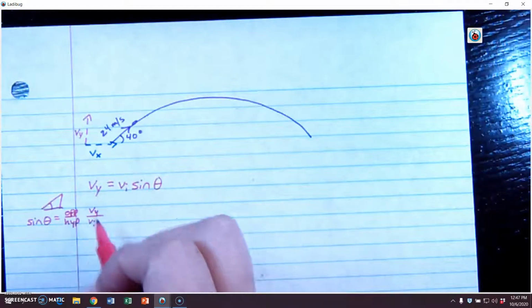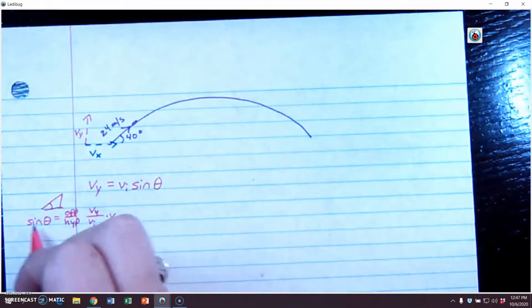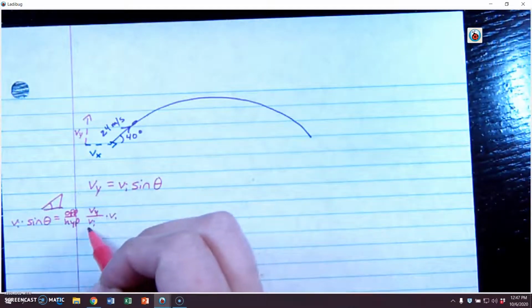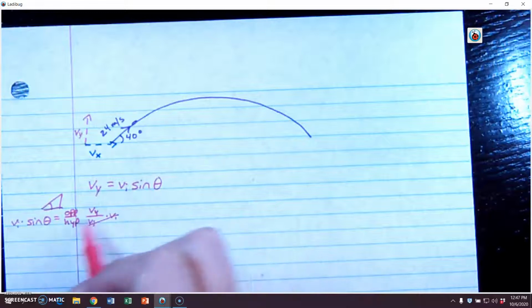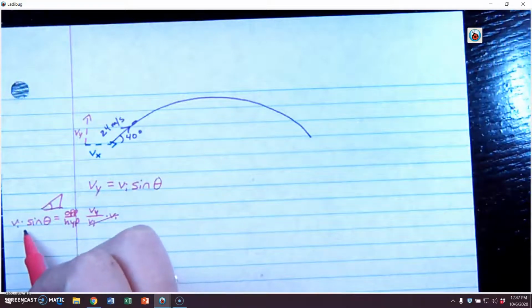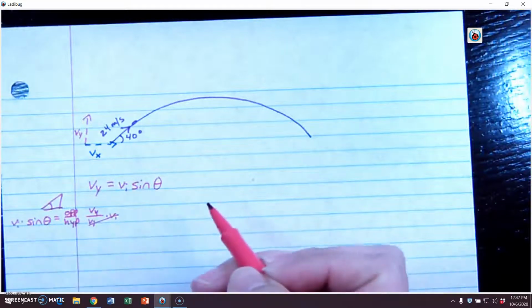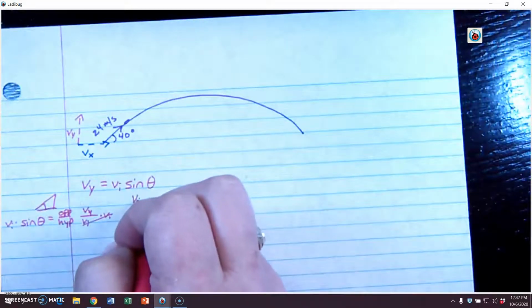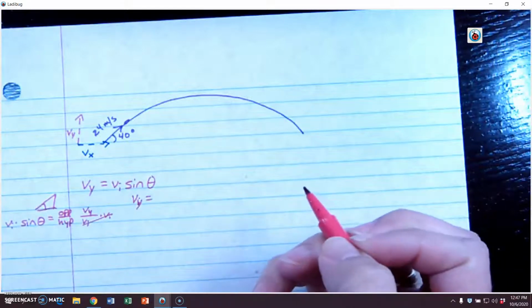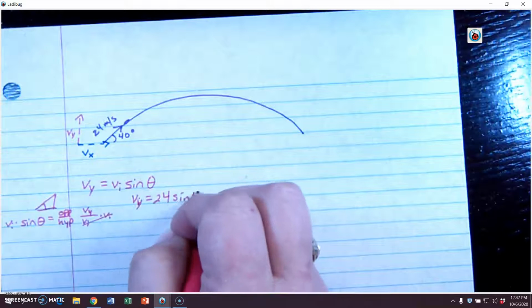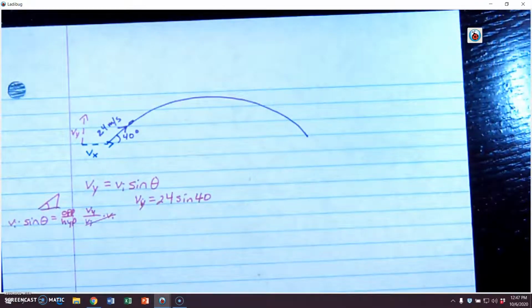So in order to get Vy by itself, I'm going to multiply both sides by that initial velocity. That will get rid of that. So Vy equals Vi, which is my 24, times the sine of my angle, which is 40. Okay, so Vy, the velocity in the y direction, is equal to 24 sine 40.